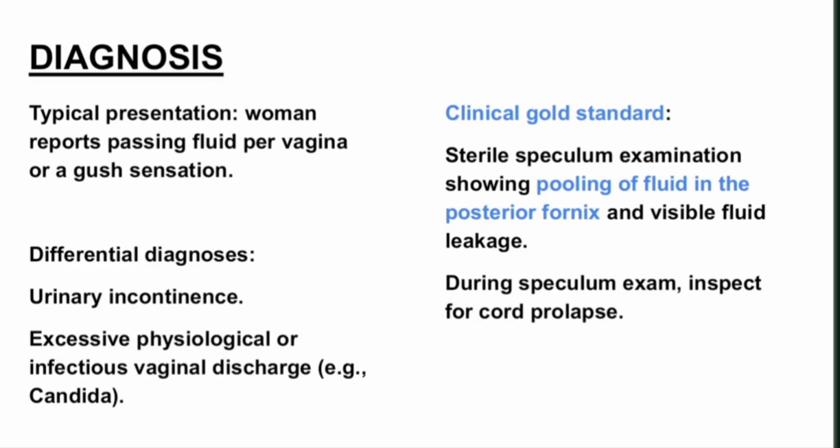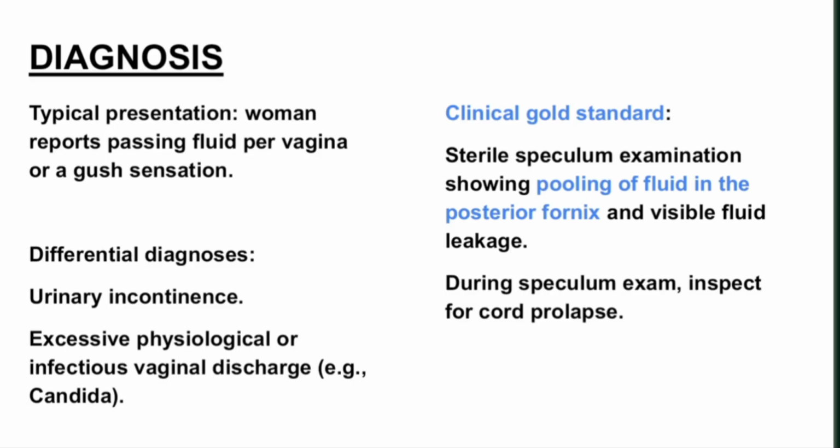She will report passing fluid per vagina or a gush sensation. You need to keep in mind that our differential can be urinary incontinence. It can also be excessive physiological discharge, or it can be an infectious discharge, e.g., candida.